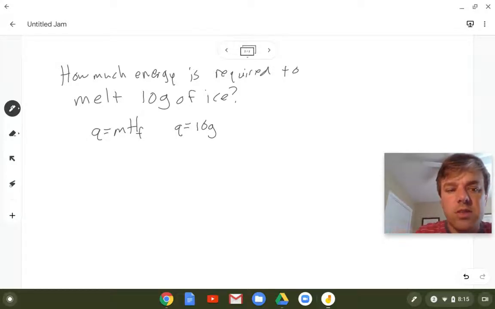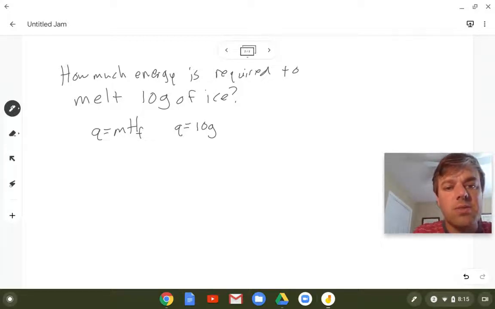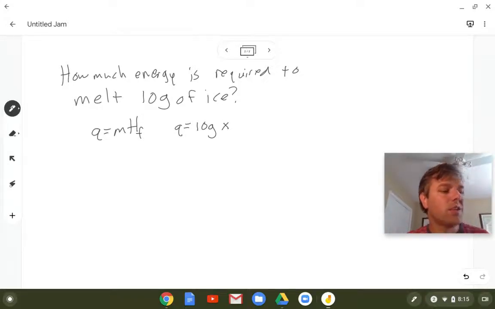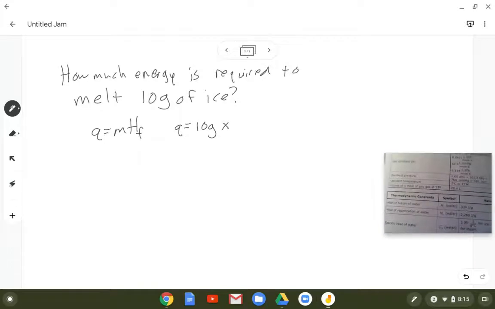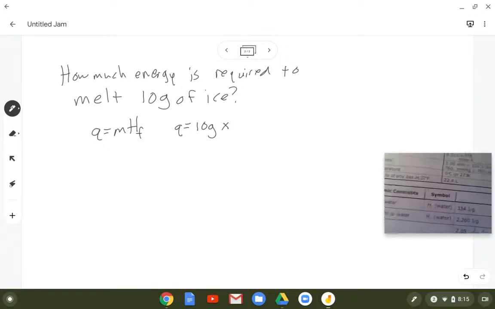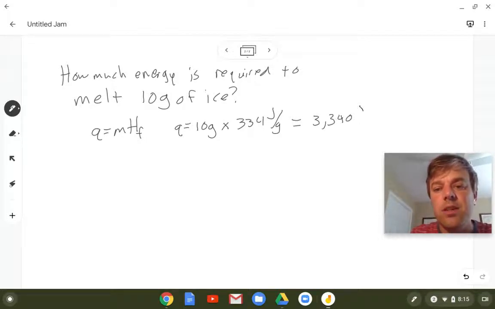So 10 grams of ice times the heat of fusion constant, which if you look on the front of your reference tables, tells you the heat of fusion of water is 334 joules per gram. So you multiply those together and you get 3,340 joules.